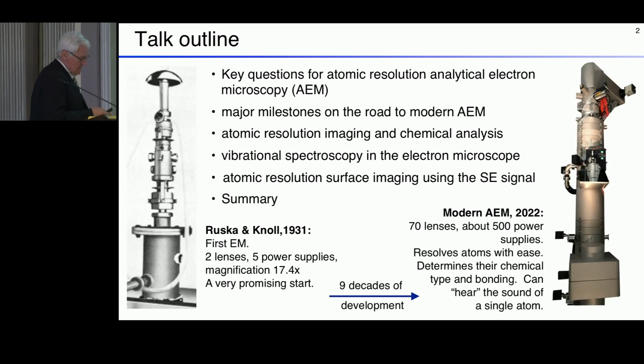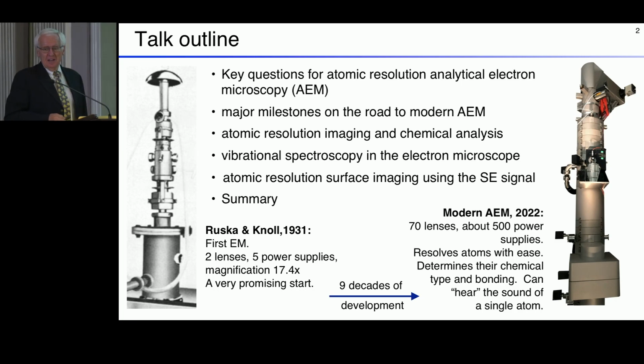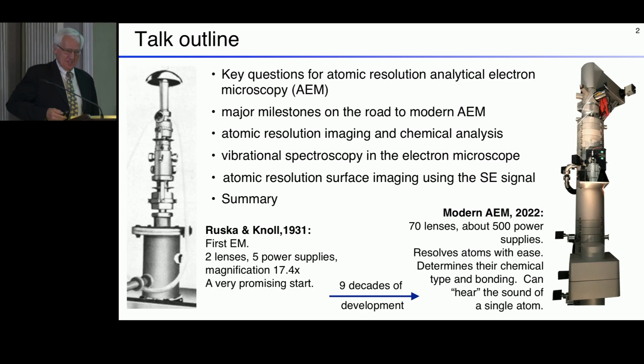And stepping back, a bit of perspective: the electron microscope is not a new invention. 1931, first images from an electron microscope that had 2 lenses, about 5 power supplies, and could magnify the sample 17.4 times.